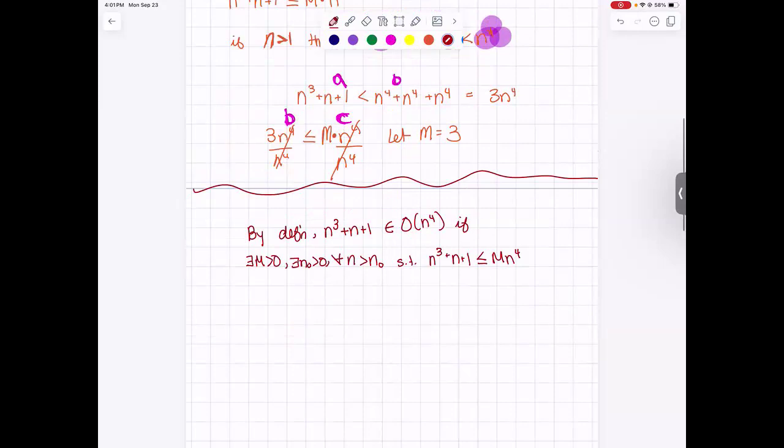So we take the values that we determined during our scrap work. We're going to let m equal 3, and we're going to let n naught equal 1.